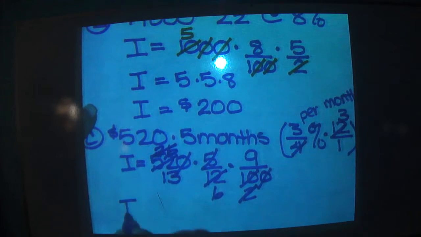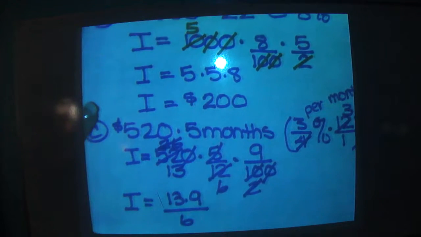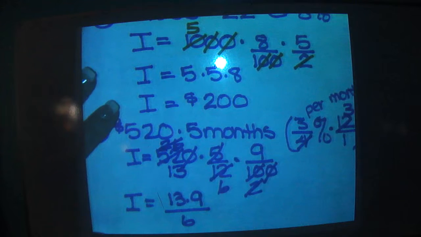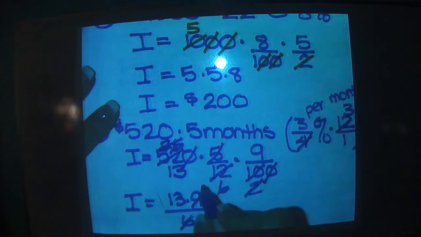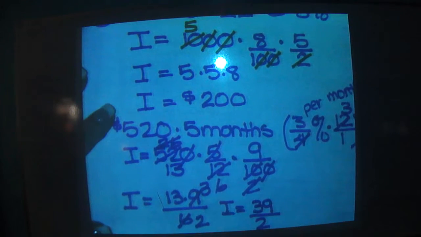So interest is 13 times 9 over 6. Can we simplify some more? Yeah, sometimes you have to write it out in between because it starts getting too messy. This will be 2 and this will be 3. Interest equals 39 halves. How many 2s in 39?